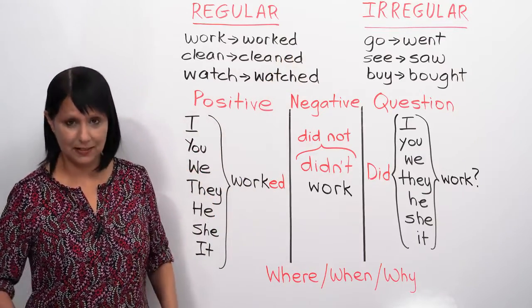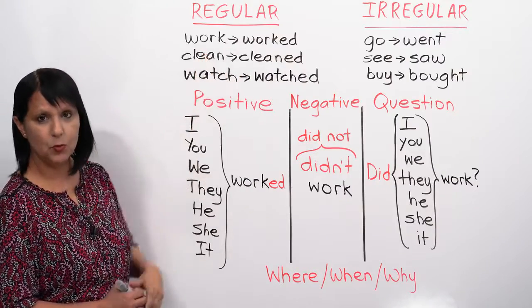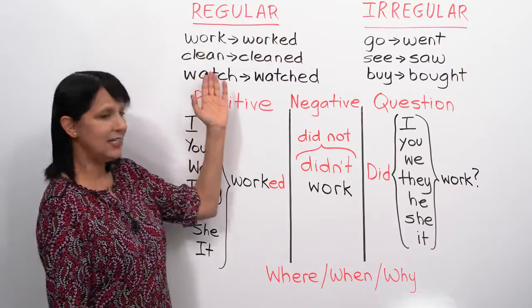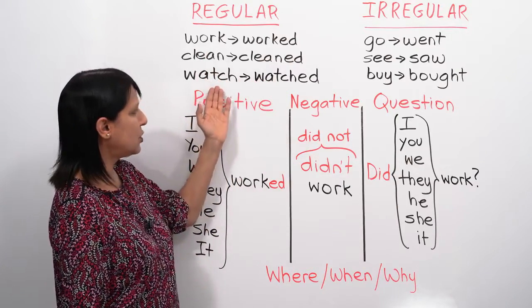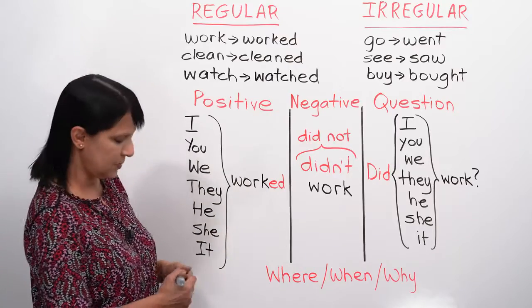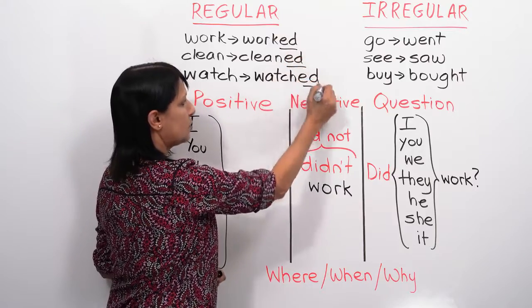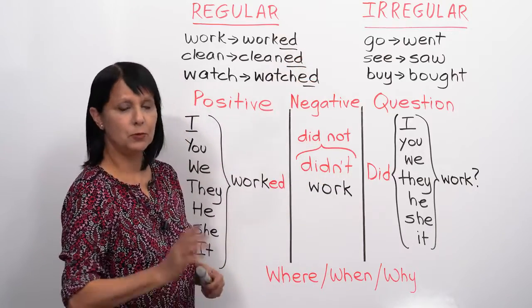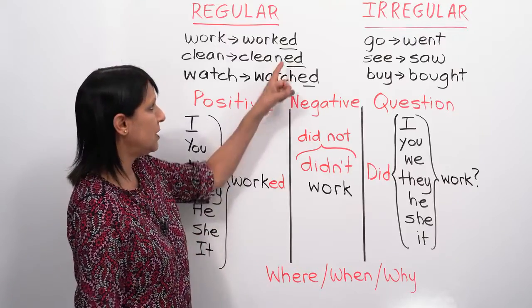They end like that. For example, work becomes worked. Clean becomes cleaned. Watch becomes watched, right? So in all those cases, we see that there is a ed. This is the most common ending. We will see later there are a few other ways that we can do it, but usually we add ed.